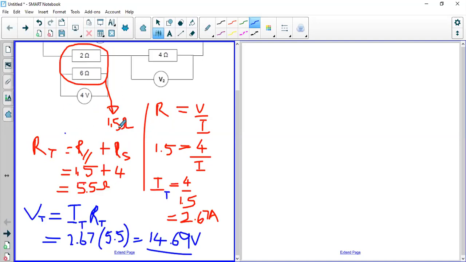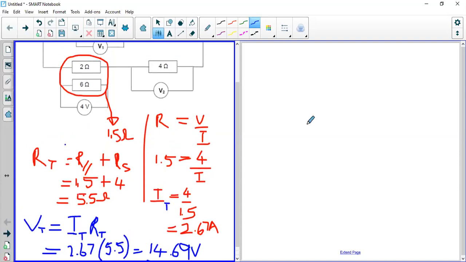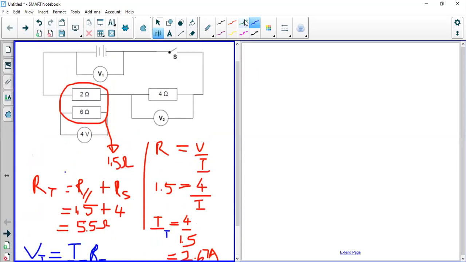So it means there's a shorter way of doing it. What is the shortest way of doing this? It is the following. I'm going to do ratios here. I'm going to do the ratio of the parallel to this, because I want to know V2. So I'm going to start by calculating V2 first. When I know V2, if I add the V on the parallel plus the V on the 4 ohms, it will give me V1, because I know resistors that are in series.